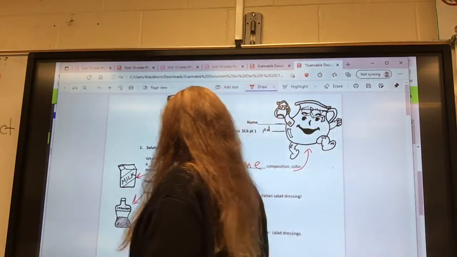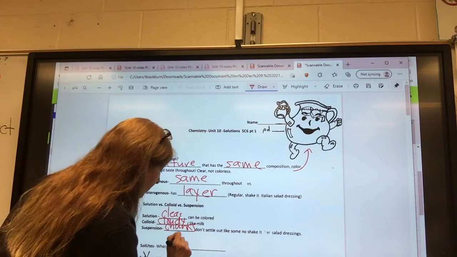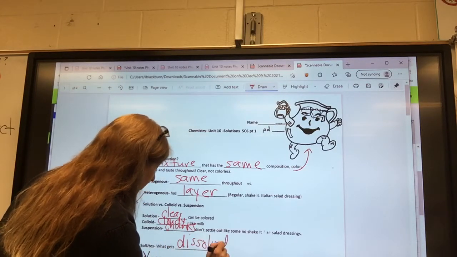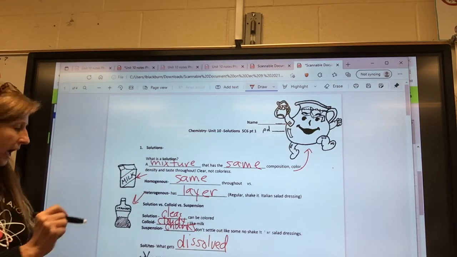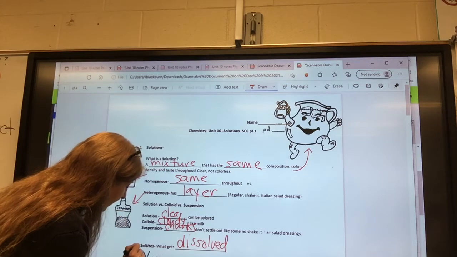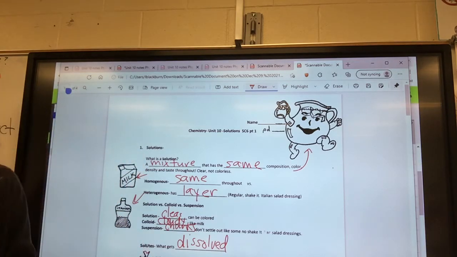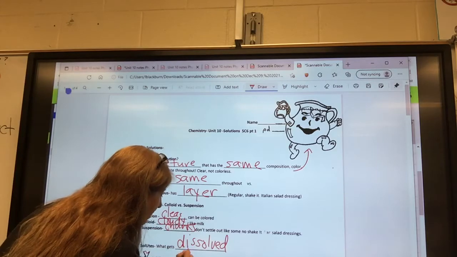Another part of learning about solutions is dissolving. A solute, with a U in it, is what gets dissolved. The solvent, and see how I made the V real big? I want you to draw little waves in it so you can remember. Imagine that's a little cup of liquid. You can color it blue, because the solvent is what does the dissolving.